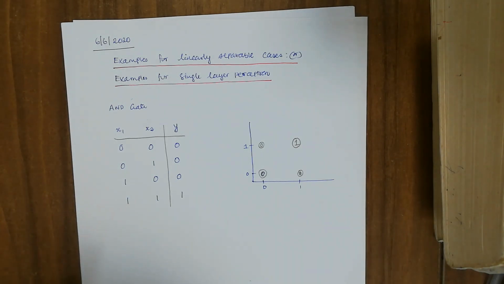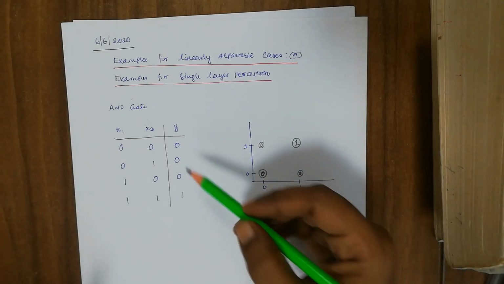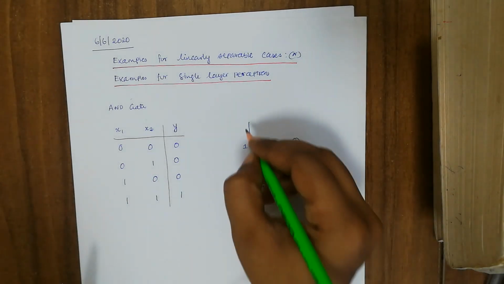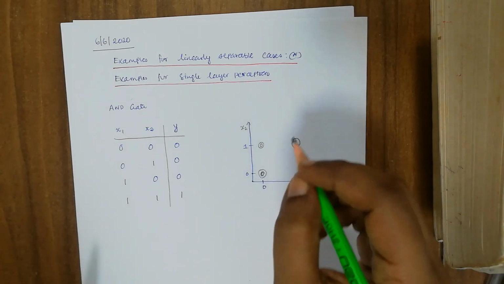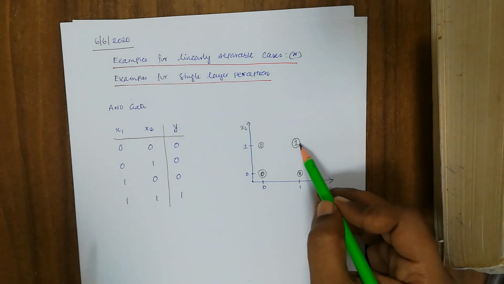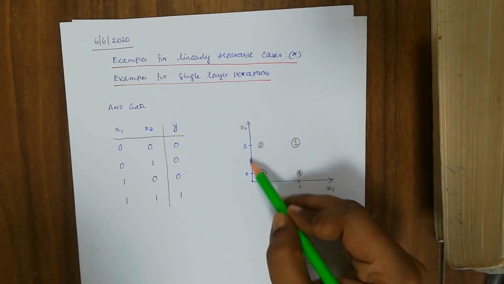In this case, this is x1 and this is x2. For the inputs x1 and x2, other than the value 1, 1, all are grouped over here.